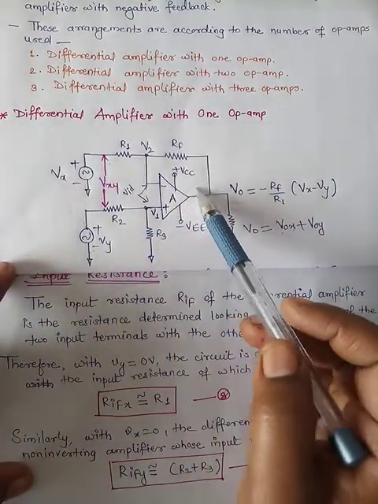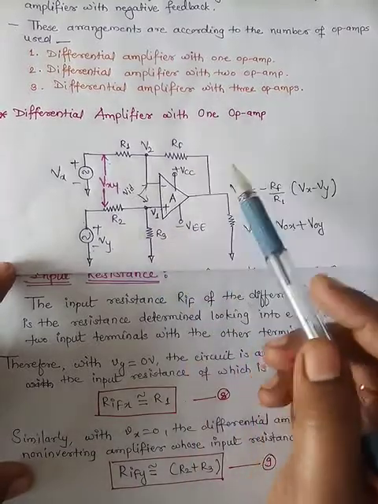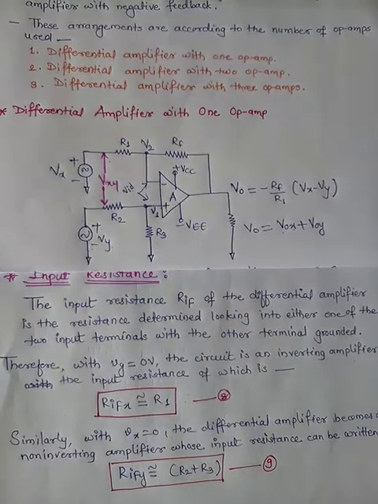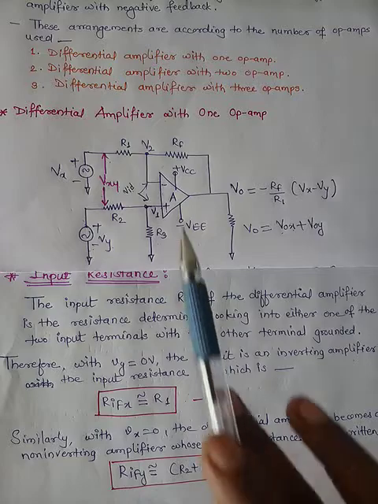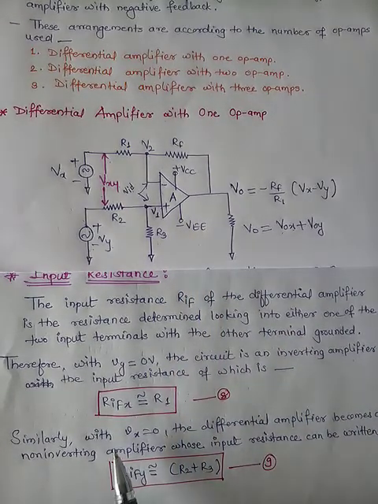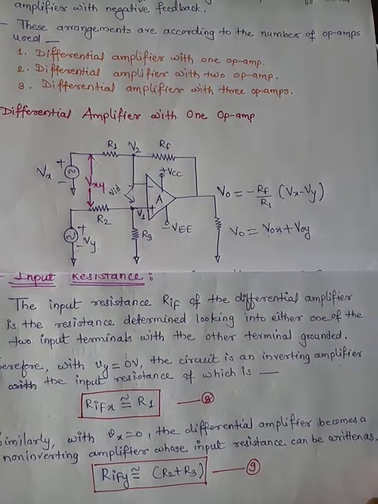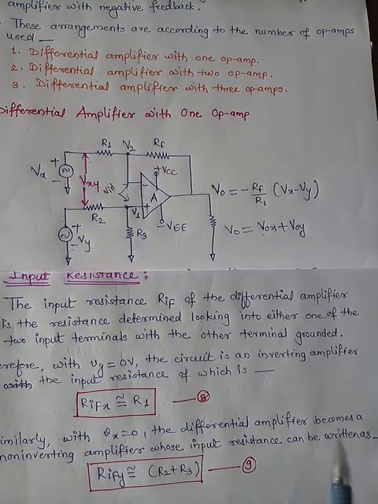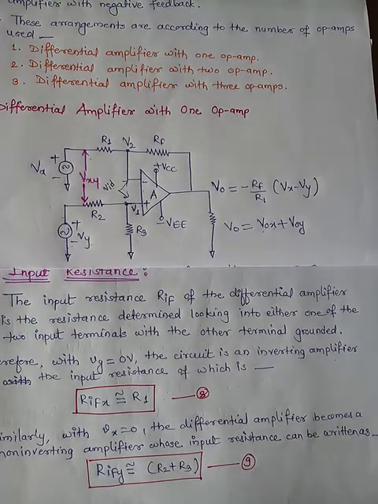If this is the case, we can say the op amp is in non-inverting configuration. So when Vx is equal to 0, the differential amplifier becomes a non-inverting amplifier, and for a non-inverting amplifier the input resistance RIF is very high.